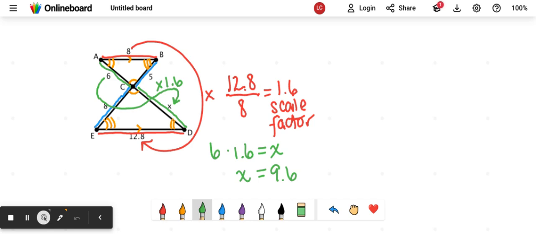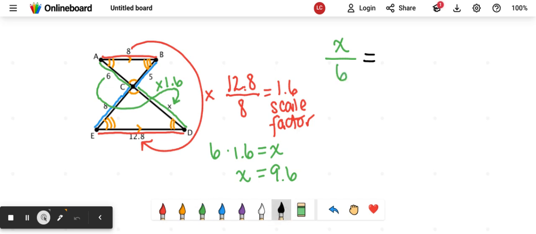Now, here's something else I can do. I can set up a ratio, and I'm just going to confirm my answer to X by setting up a ratio for those missing sides. So if we start with our larger triangle, I'm looking to find X. So I'm going to stay with that green color. I am looking to find the side with the X on it, and its corresponding side in that smaller triangle was 6.